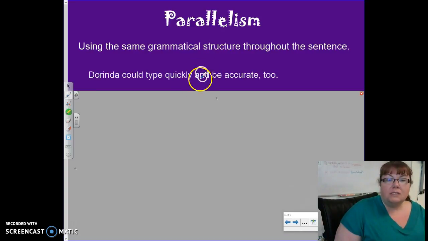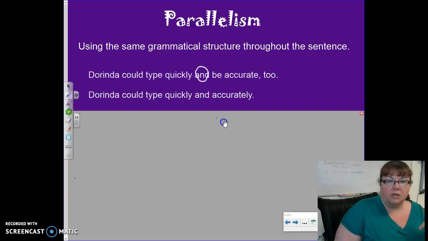And because we're listing, it needs to be in the same type. So if we look at the next one, Dorinda could type quickly and accurately. Instead of "be accurate too," we change them both to be adverbs. Okay, so quickly, accurately, that's parallel.